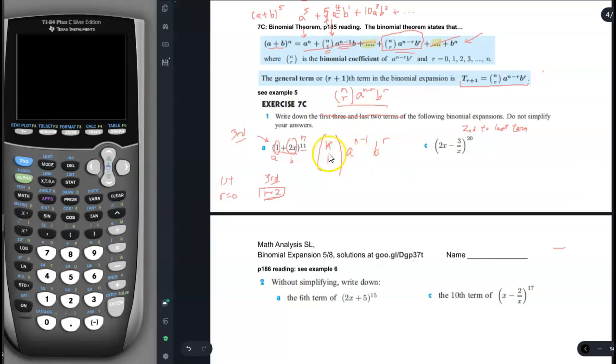So I'm going to change all the n's to 11. Okay? All right. Now I'm going to change all the r's to R equals 2.